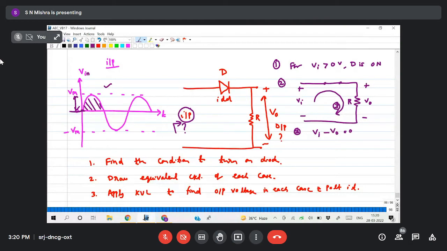Or you can think like that. When I am giving this input here, the negative side of the source is connected to the cathode and the positive is connected to the anode. When it is increasing, this is plus, this is minus. So plus is connected to the anode, negative is connected to the cathode, or the anode is at higher potential, the cathode is at lower potential, then the diode is short.